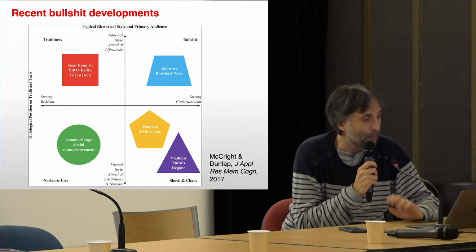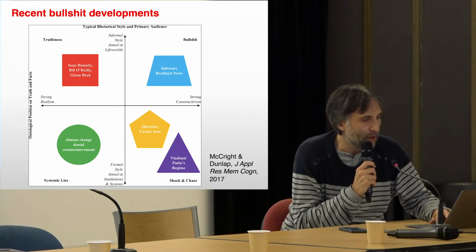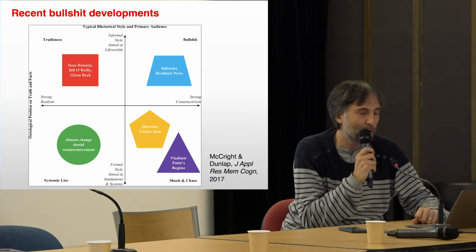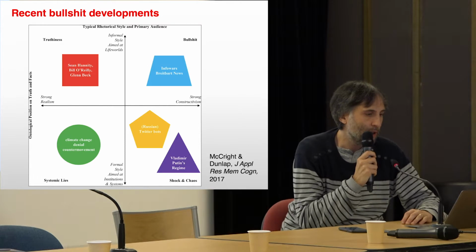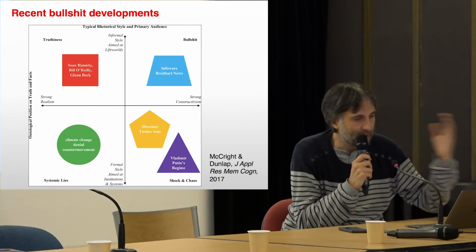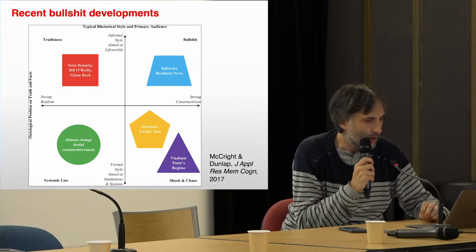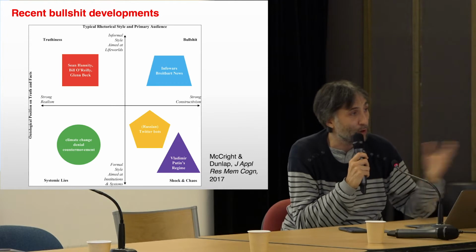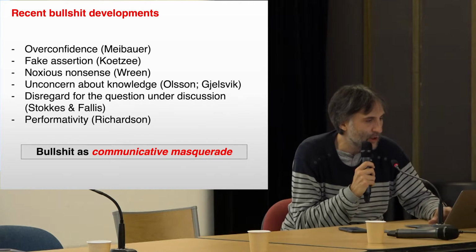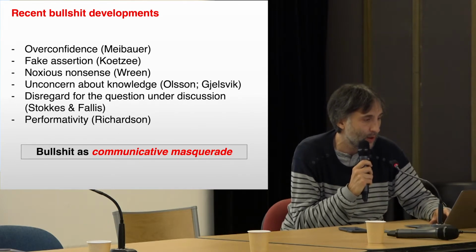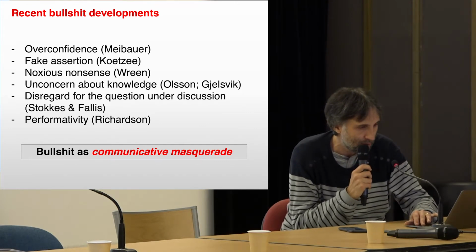Plain old lies and propaganda, old school propaganda, will be located here. And this, they call it shock and chaos, and it will correspond to the strategies of, say, Russian bots and Russian disinformation, which do not aim at implanting false beliefs in people, but merely to create a disorganized epistemic environment where it's becoming impossible to distinguish the truth from falsity. Again, this is just an example to show that bullshit is currently used in a theoretical and also in empirical studies. I will show a few examples later.